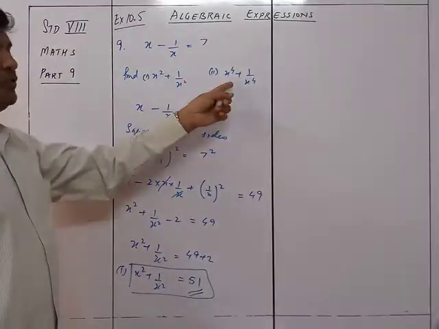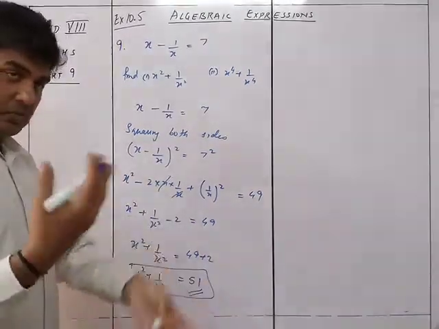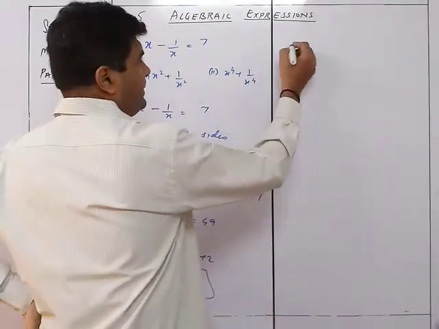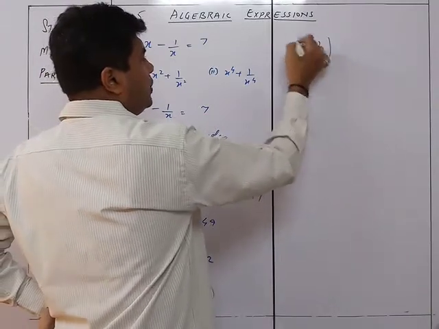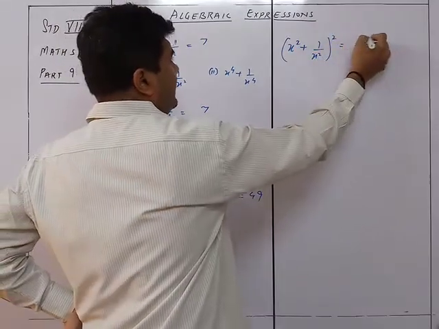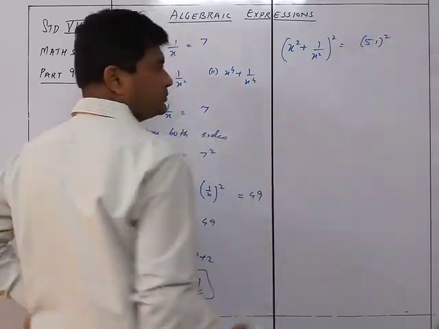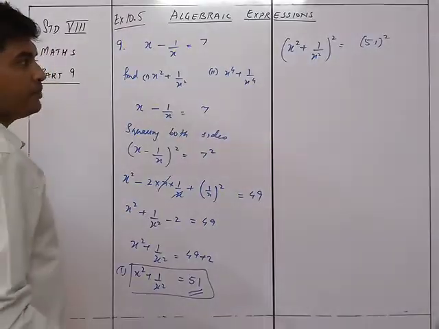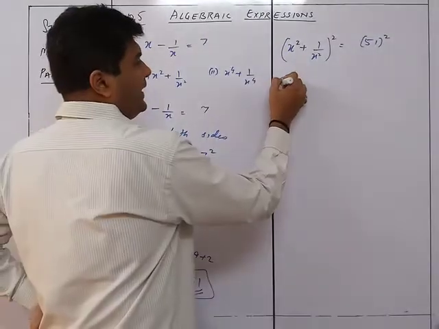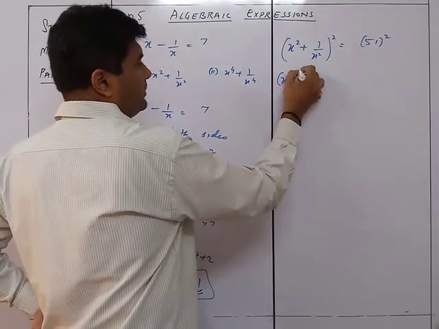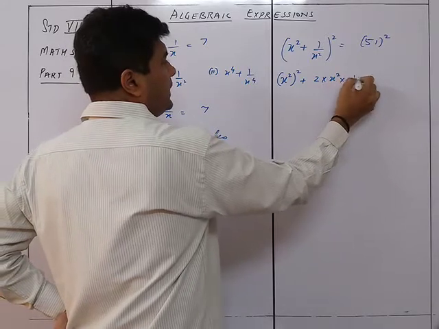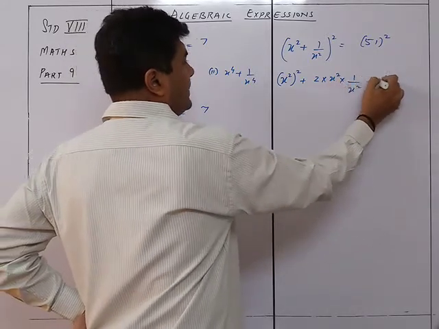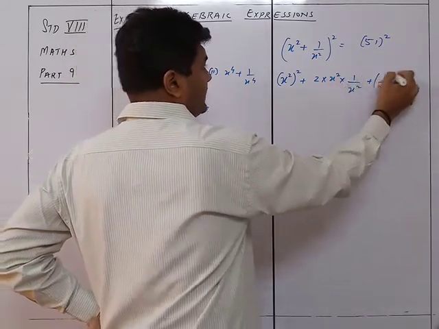Further, for x raised to 4, you are going to square this answer. Okay, you square this answer. So what will be happening? It will be x square plus 1 upon x square, the whole square, is equal to 51, the whole square. So this gives you x square, the whole square, plus 2 into x square into 1 upon x square, plus 1 upon x square, the whole square.